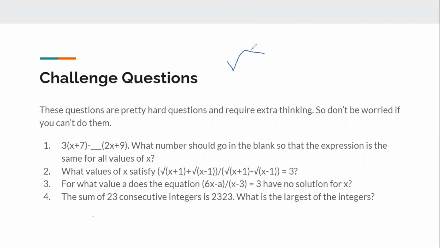So you have root x plus 1 plus root x minus 1 over root x plus 1 minus root x minus 1.